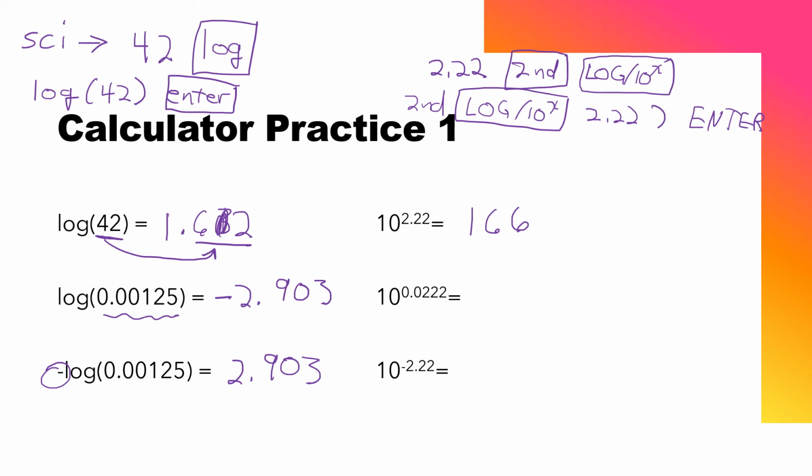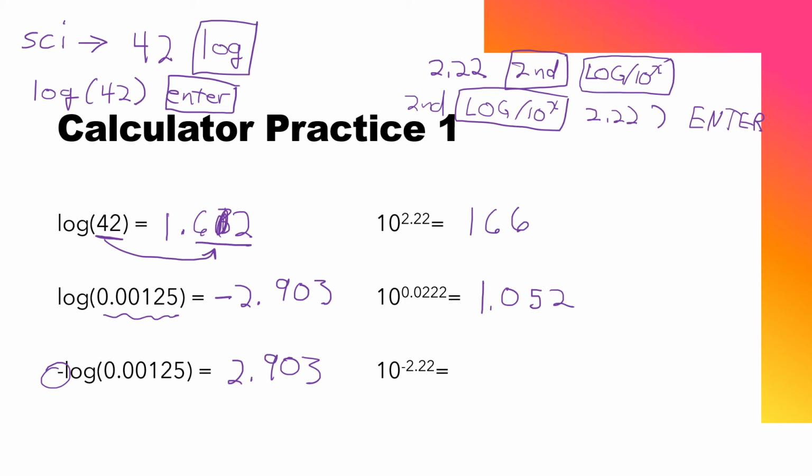All right, for this next one, I type in 0.0222, second function 10 to the x, and I'm going to get 1.052. And for the last one, I would type in the 2.22 and hit the change sign key to make it negative.